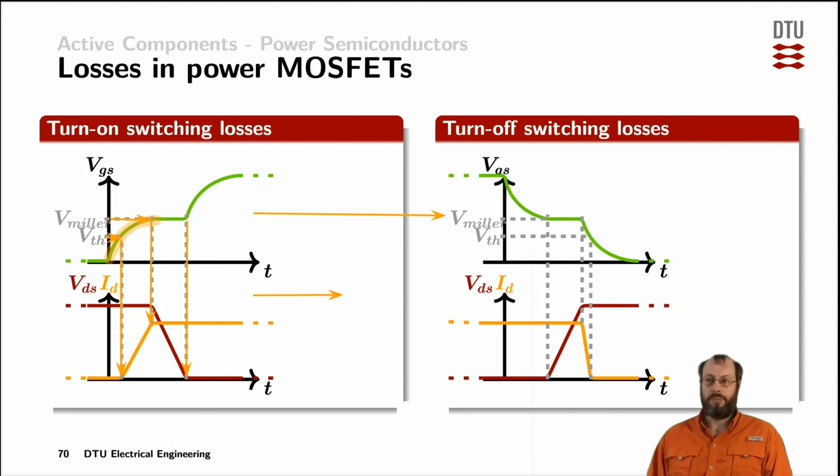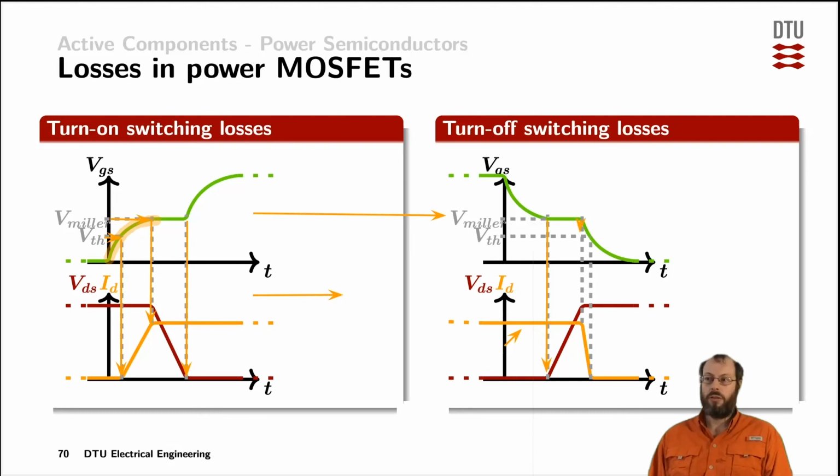the cycle. When we are starting to turn off the device, we first reach the Miller plateau. That means the transistor starts blocking the voltage while it is still fully conducting the current, as seen by the orange waveform down here.